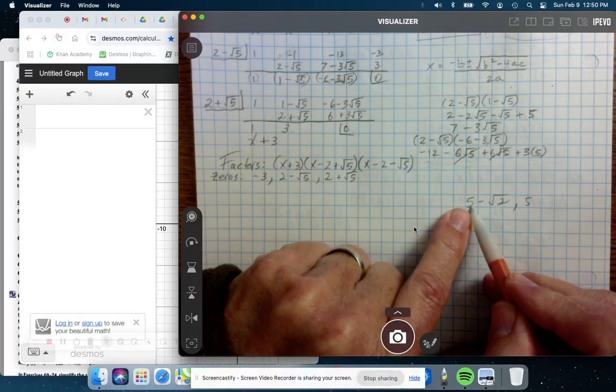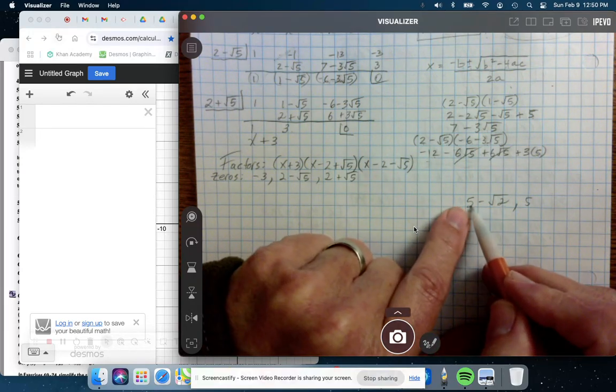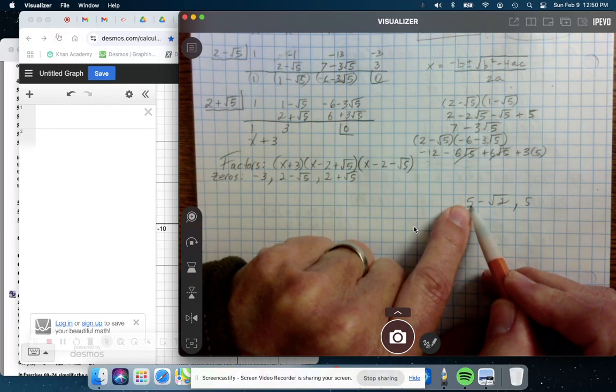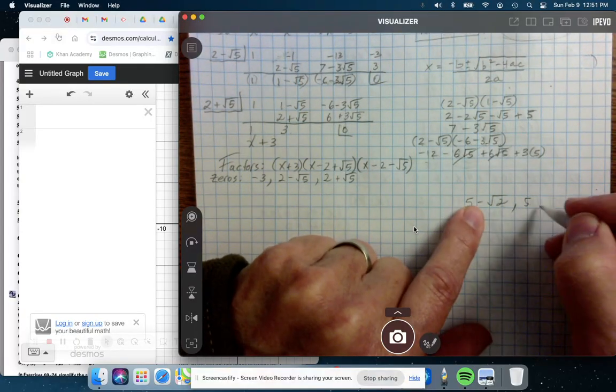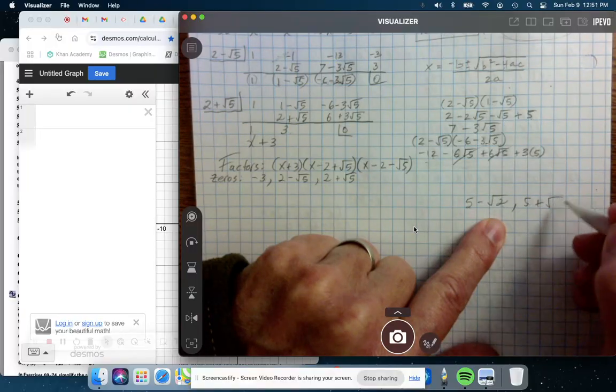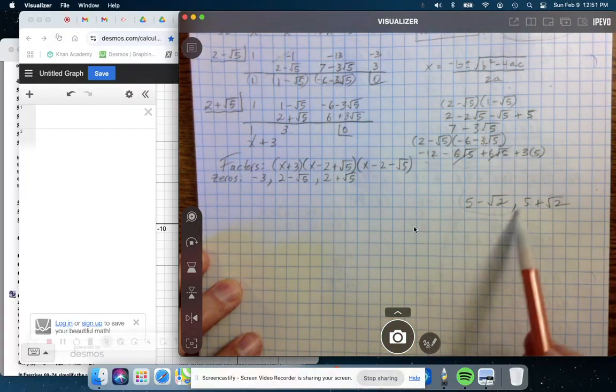So you have a rational part, 5, and an irrational part, square root of 2. Leave the rational part's sign as is, positive, but the irrational part's negative, and here it's going to be positive. So if this is a 0, then so is this.